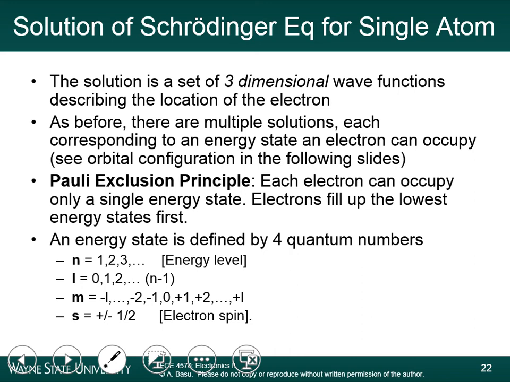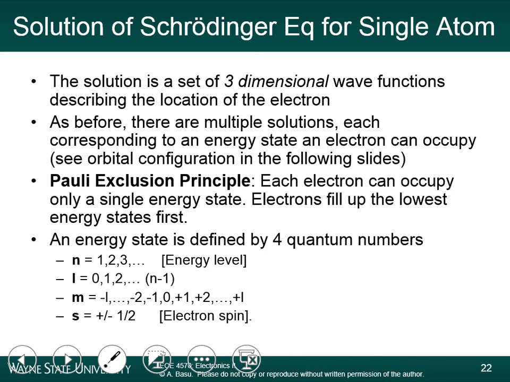The energy levels, going back up to the top, n can be 1, 2, 3, and so on. L and m represent the orbitals. So L can go from 0, 1, 2, all the way to n minus 1. So for example, if you are at energy level 3, then the possible values for L is 0, 1, and 2.